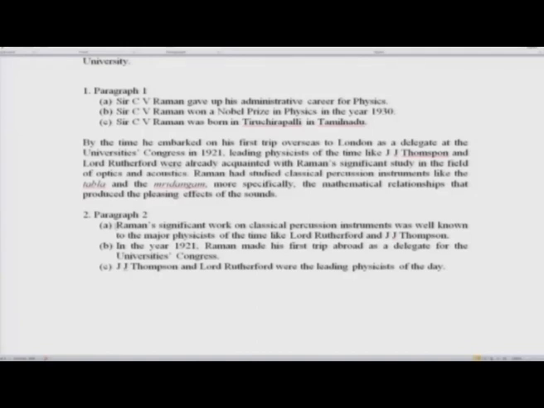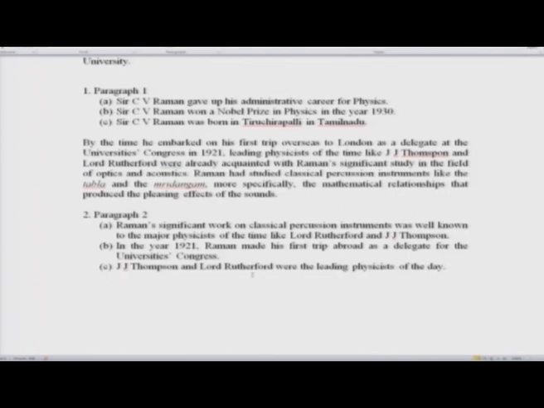Is it one: Raman's significant work on classical percussion instruments was well known to the major physicists of the time like Lord Rutherford and J.J. Thomson. Two: in the year 1921, Raman made his first trip abroad as a delegate for the university's Congress. Three: J.J. Thomson and Lord Rutherford were the leading physicists of the day.